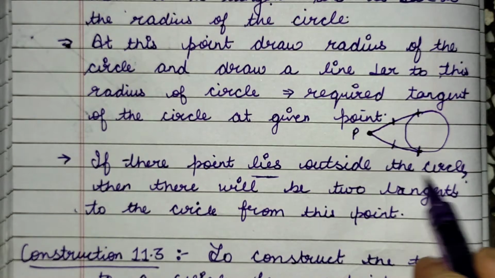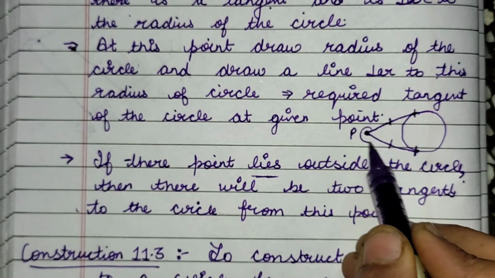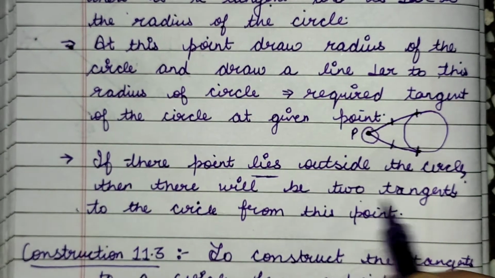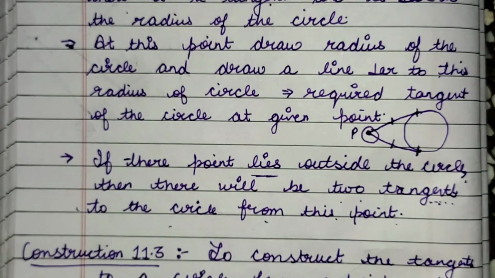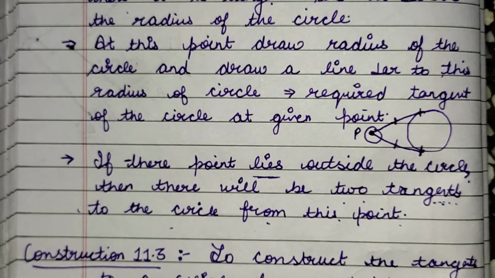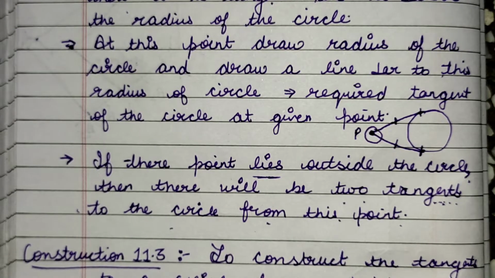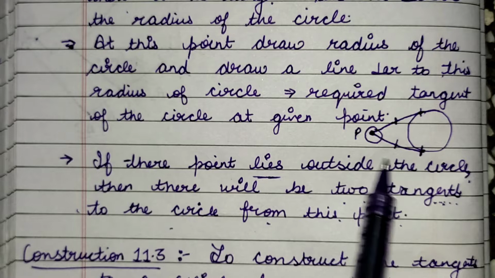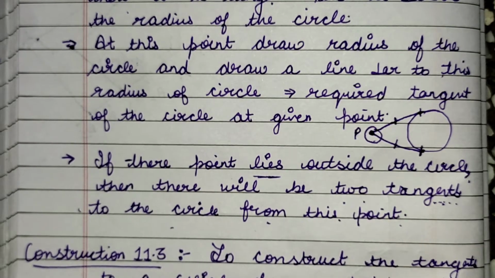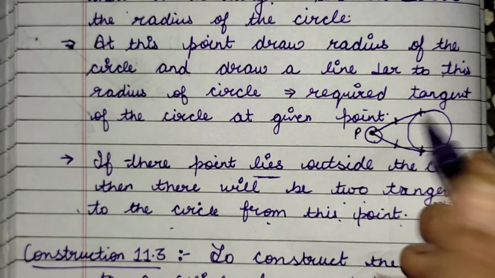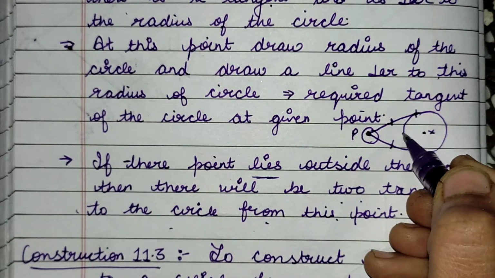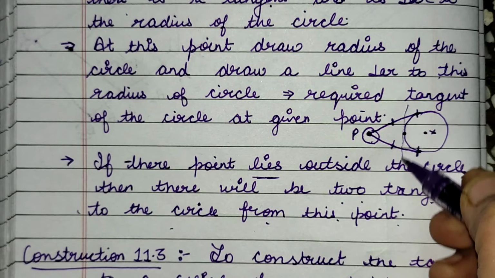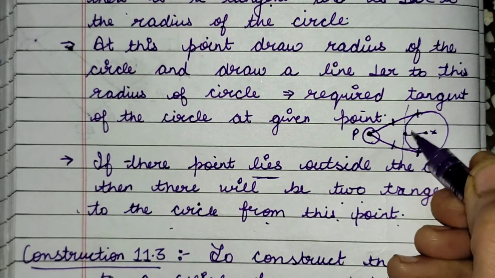So if this point is lying outside the circle, there will be two tangents to the circle from this point. We are going to learn in this exercise how to draw these two tangents if the point is lying outside the circle. Because if the point is inside the circle, no tangent is possible. If the point is on the circle, it is very simple: draw the radius and draw the perpendicular.